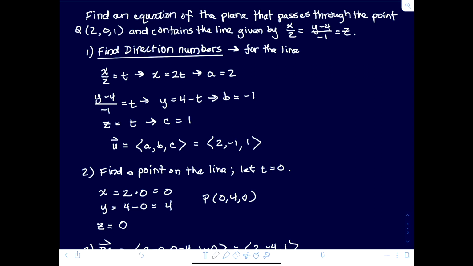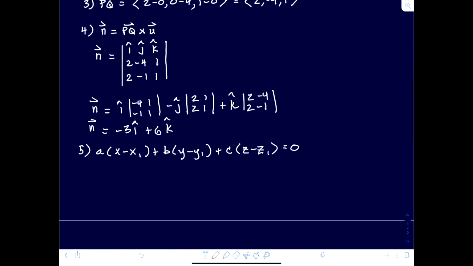So the direction numbers for the plane are going to be what we found with this normal vector: -3, 0, and 6.